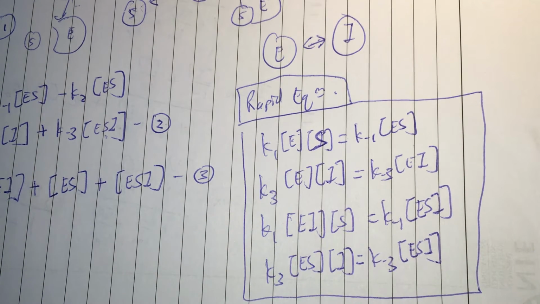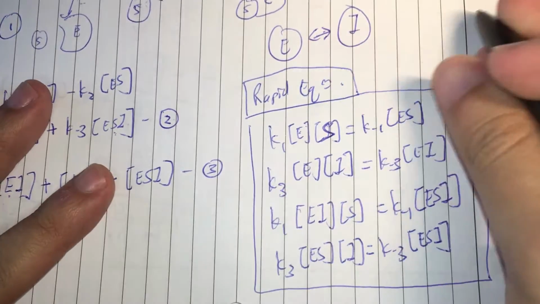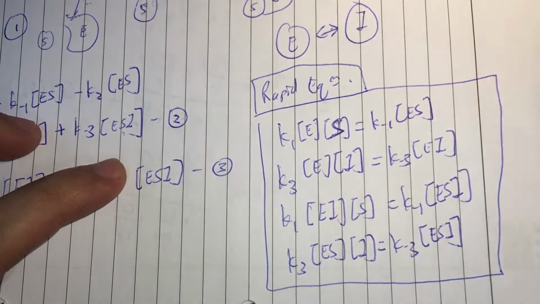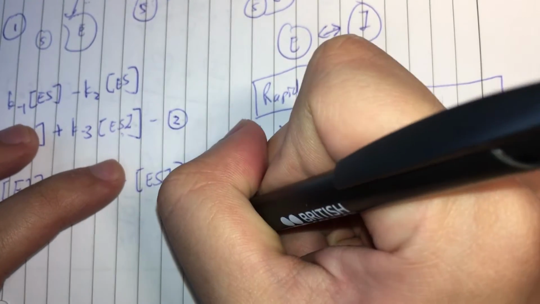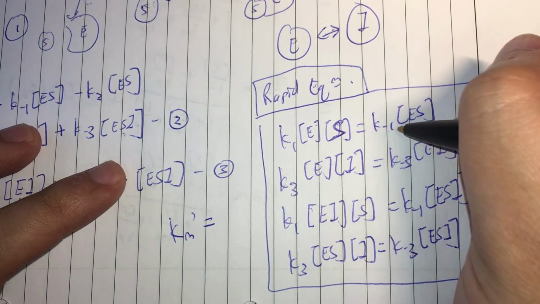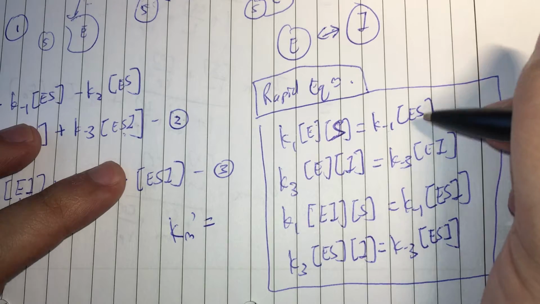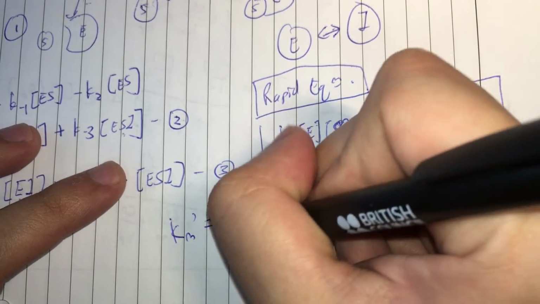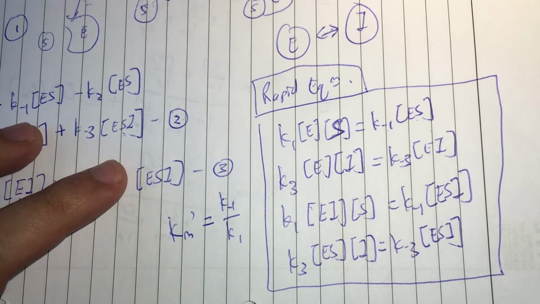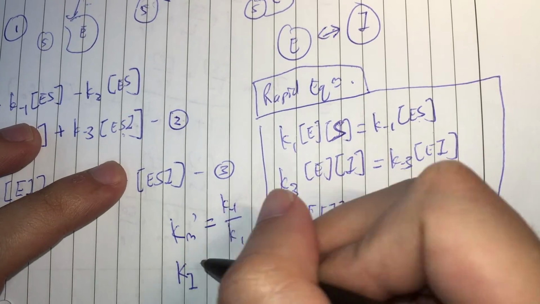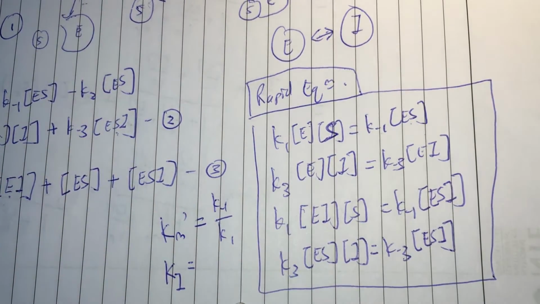So hi guys, let's continue with the last video on non-competitive inhibition. Let's define, according to these equilibrium reactions, two constants. So Km prime, which we will just define as K minus 1 over K1, and Ki, which is specific for the inhibitor.